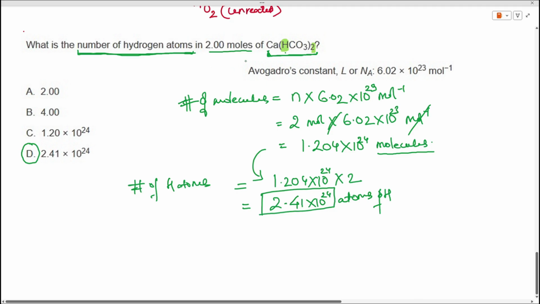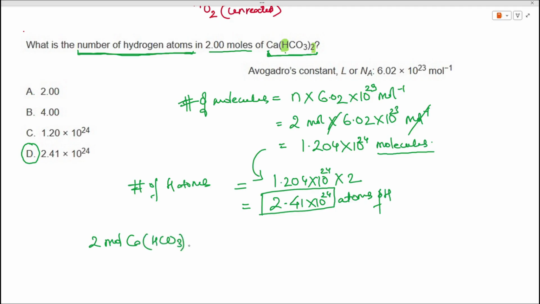Now this question could be done one more way. When we've been given the number of moles, we would say 2 moles of calcium hydrogen carbonate. We want to get rid of the moles, so we will write 1 mole of calcium hydrogen carbonate has 6.02 times 10 to the power of 23 molecules.